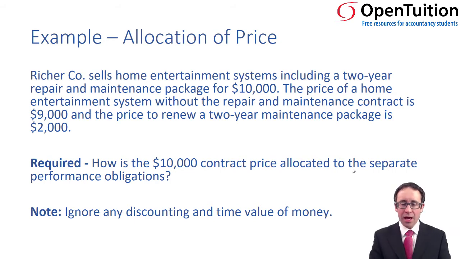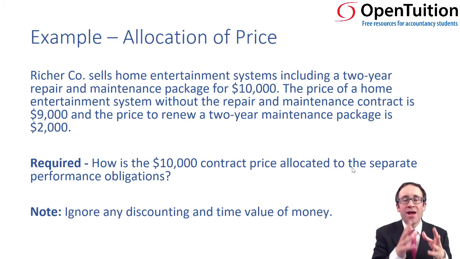Wow. So how are we going to allocate it? We need to allocate the transaction price of the $10,000. Part of it needs to go towards the entertainment system, the other part towards the repair and maintenance package. We're going to base it upon the standalone prices of $9,000 and $2,000. So effectively, the standalone price total comes to $11,000.